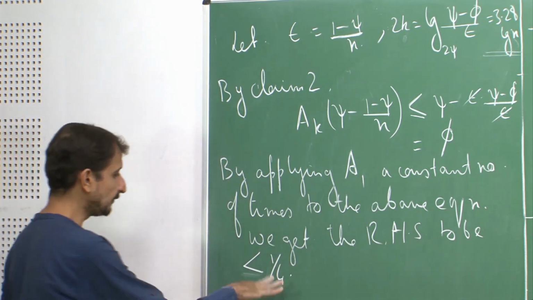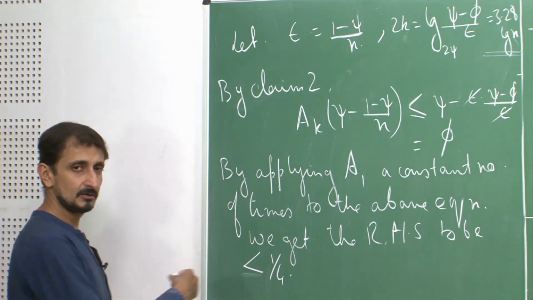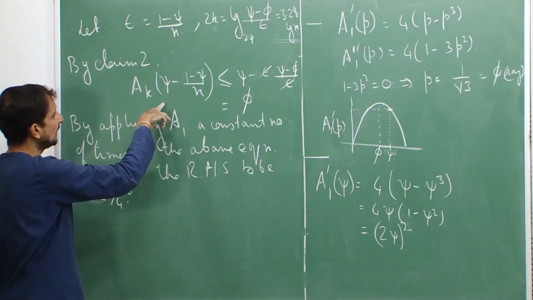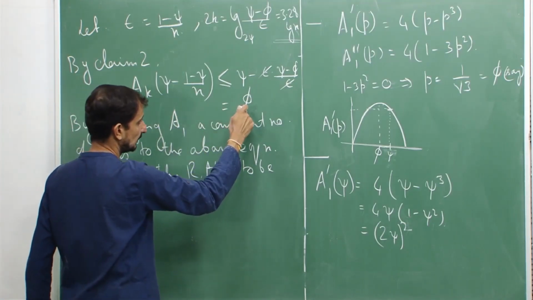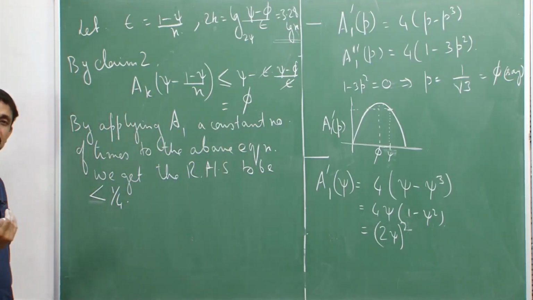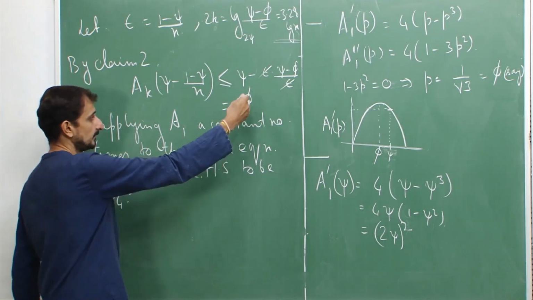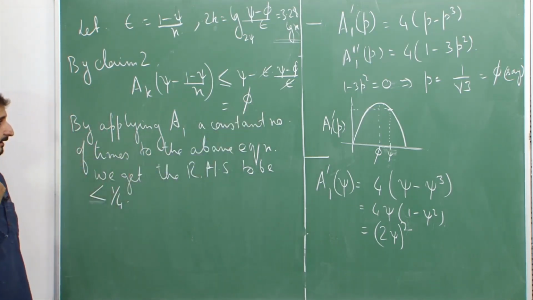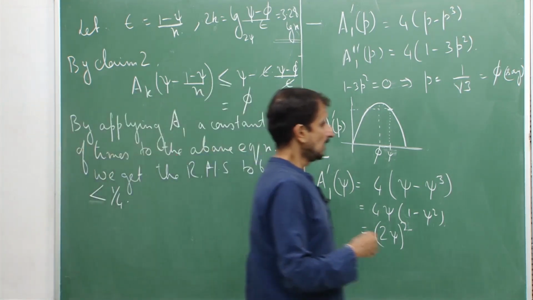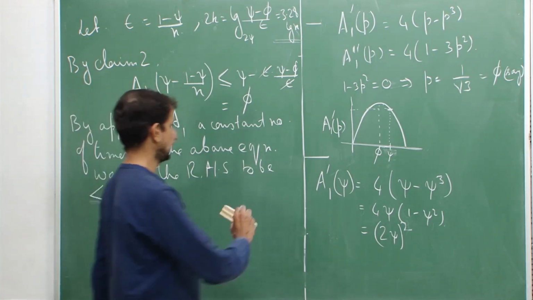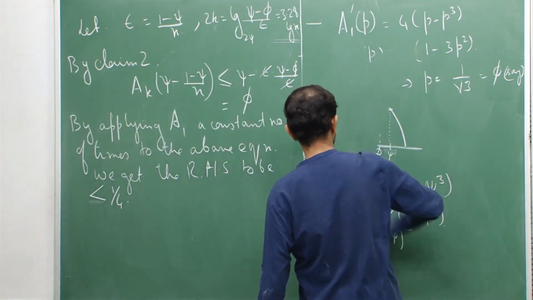We need it to be less than 1/4. You can check this: if you apply A1 on 0.58, you will see that it is decreasing, and by applying it a few number of times, this will be less than 1/4. Now, why do we need that to be less than 1/4? This is where we use a second claim.